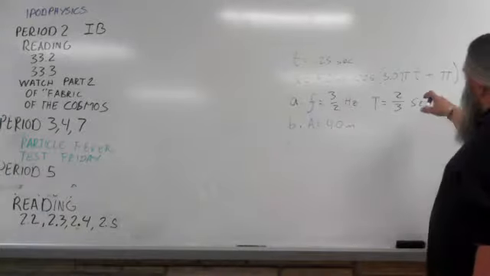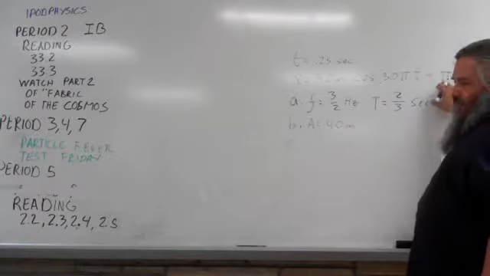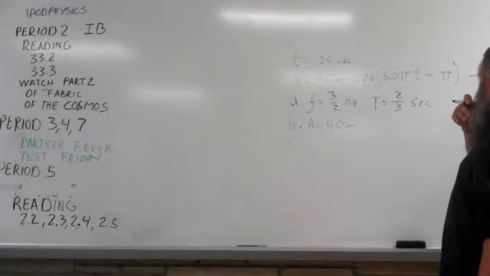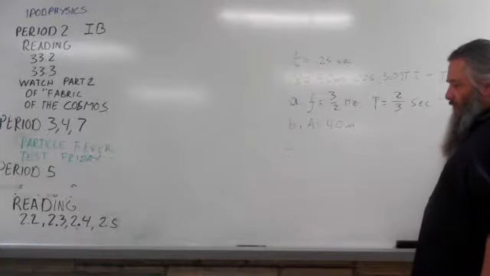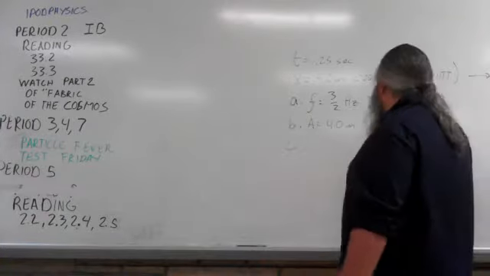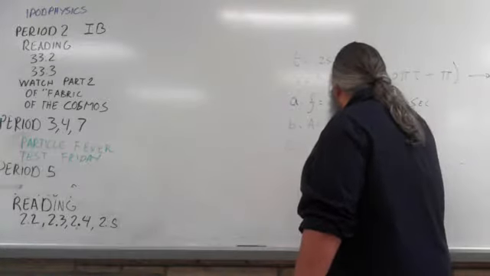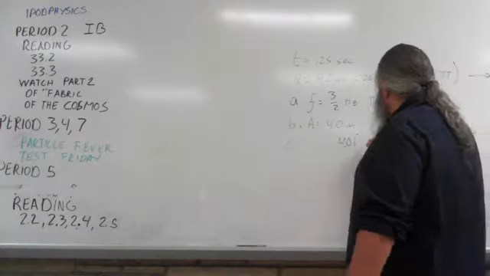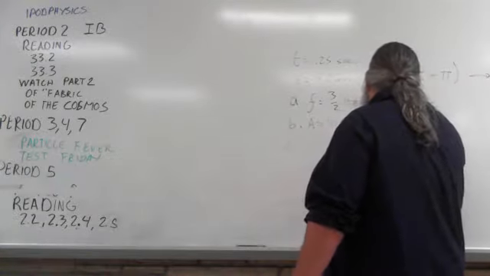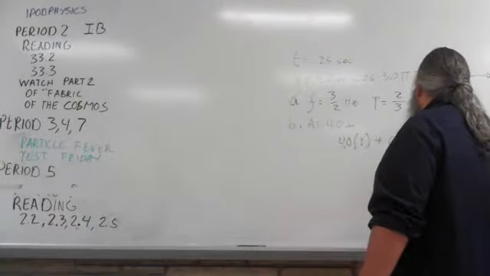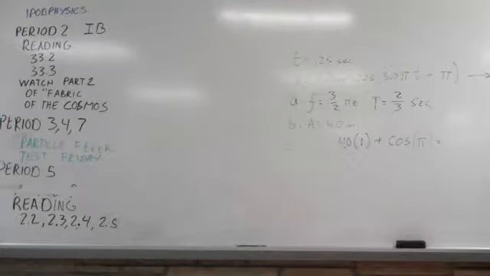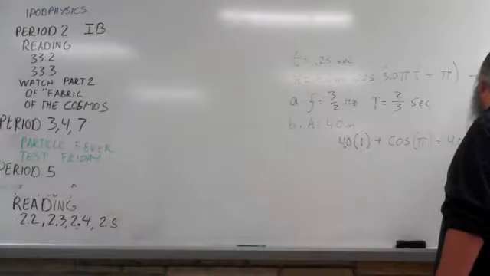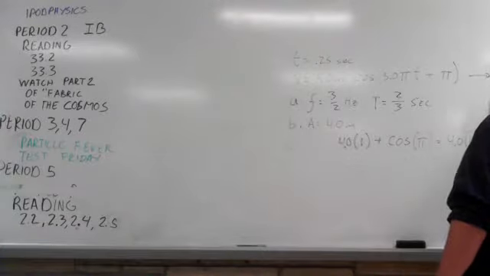We are left with this relationship between cosine and phi and sine and phi. If you think about it this way, if I evaluate my terms so that I'm dealing with maximum possible values, then I'm left with 4.0 times 1 plus cosine of pi is equal to, evaluating at maximum terms, 4.0 times 1 plus the sine of phi.